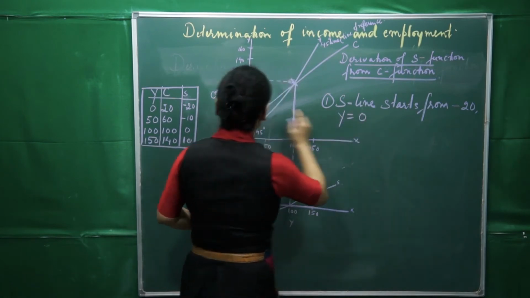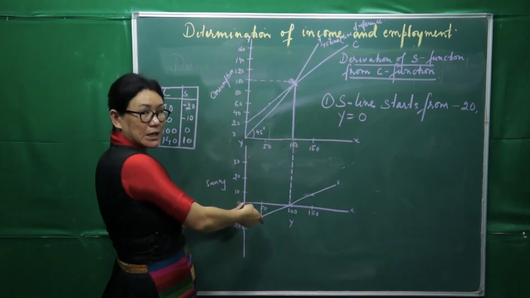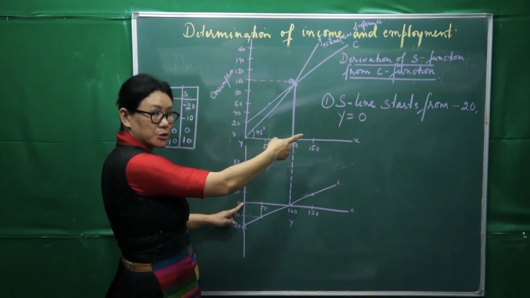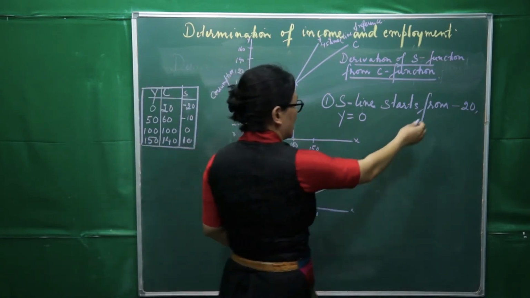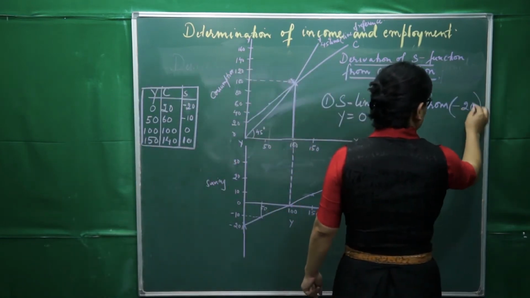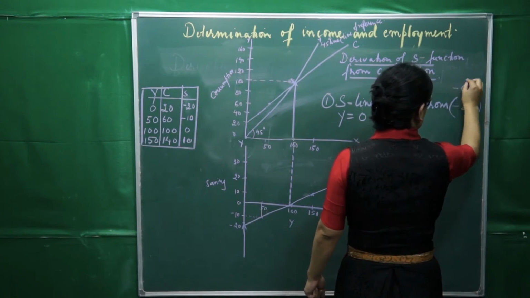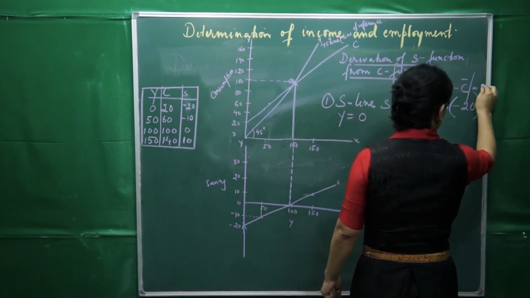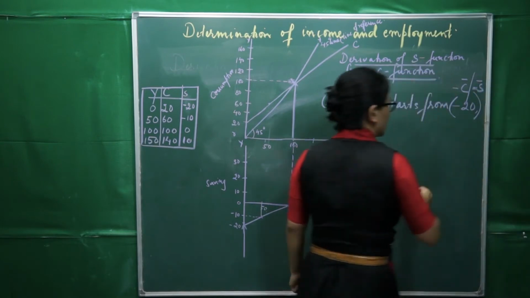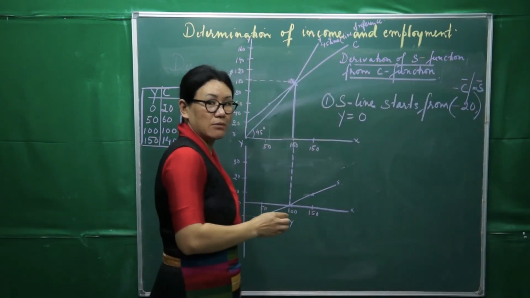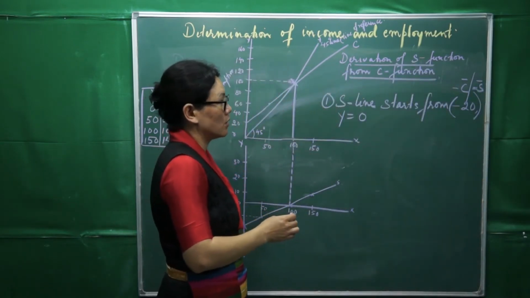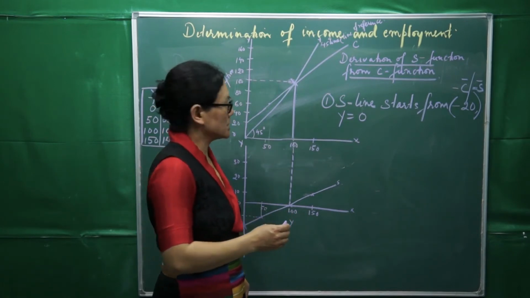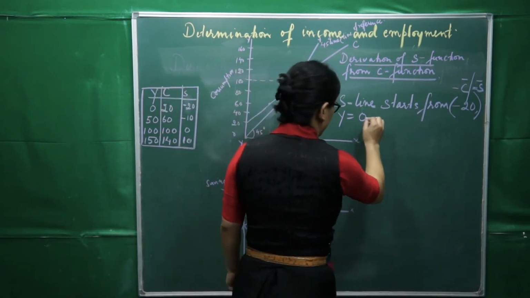You can also make use of the schedule or the diagram for the description. And this is minus C bar, or this will be S, negative saving. So this is autonomous saving.